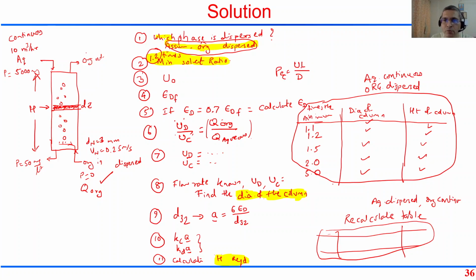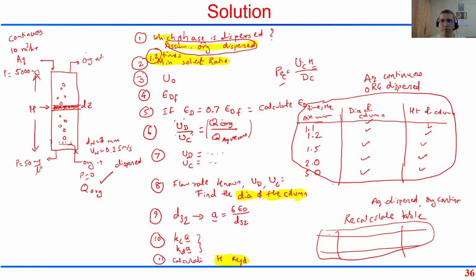Continuous phase would be Uc, L length of the column, or in this particular case length we are calling it as H, Uc H over Dc. So if H is very large, then this Peclet number is going to become very large.